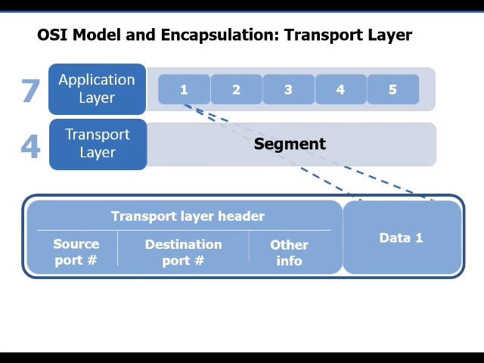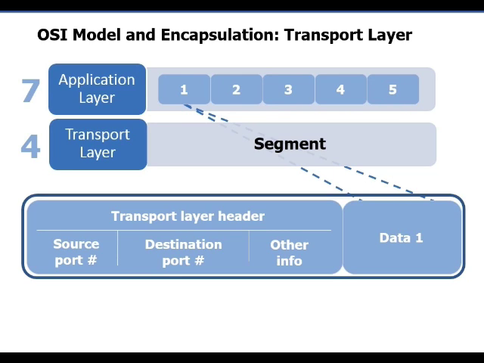If we're using the UDP protocol, which is the other protocol that operates at the transport layer, we're going to see other information in that other info field in the transport layer header. We're going to take a look at this in more detail in a future video when we look exclusively at how TCP and UDP operate.